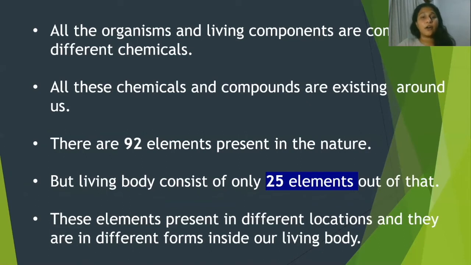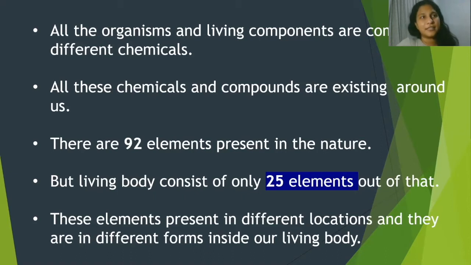All the organisms and living components are composed of different chemicals. There are 92 elements present in nature, but the living body consists of only 25 of them.